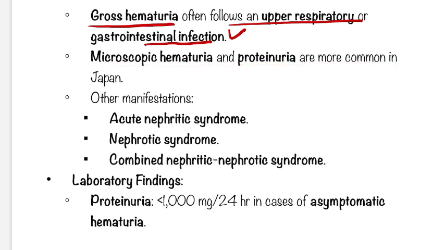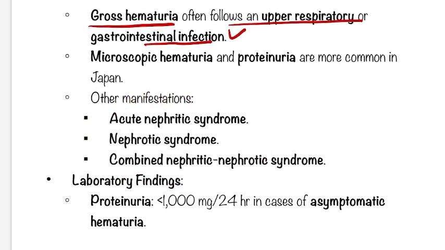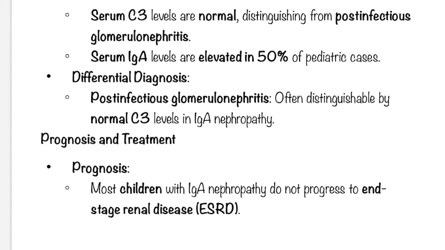Other manifestations: it can present as nephrotic and combined nephritic-nephrotic syndrome, but these are rare manifestations of IgA nephropathy. Proteinuria is less than 1 gram per 24 hours in asymptomatic hematuria. Serum C3 levels are normal.